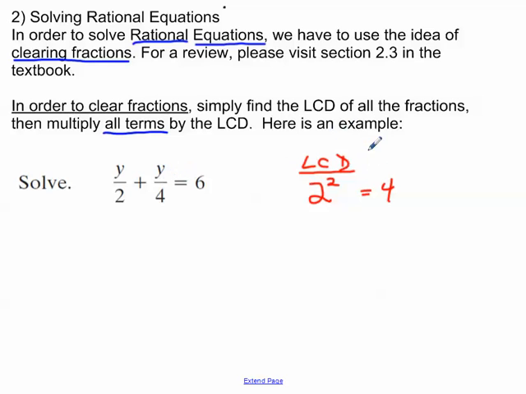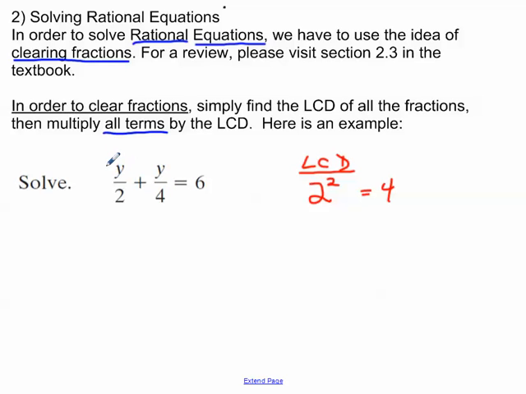After we find our lowest common denominator, we multiply every single term by it. What happens is that it cancels out all the factors in the denominator, and we have everything on the main floor, if you will, over a common denominator of 1.